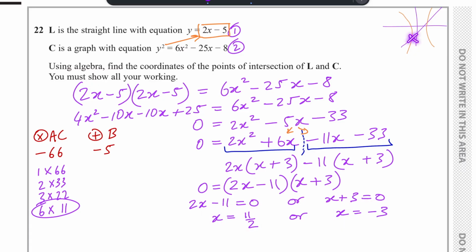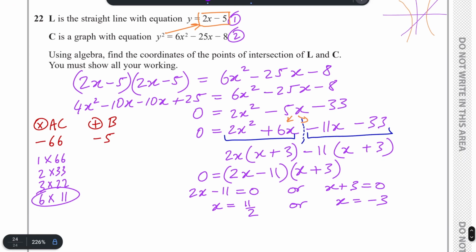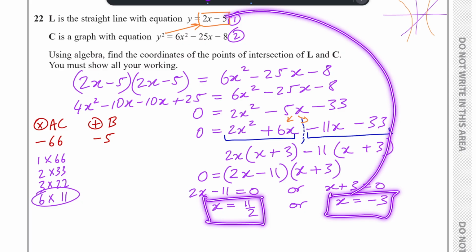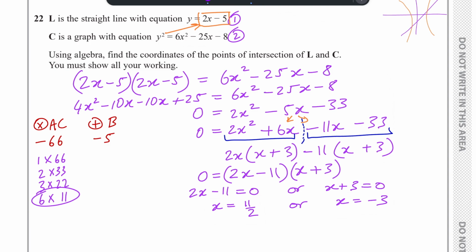On the coordinates on this graph here, we've basically got the two x values, and to work out the corresponding y values, we are going to need to substitute these x values back into the original equation. Now we could also substitute it into the second equation. They will both give us the same answer.